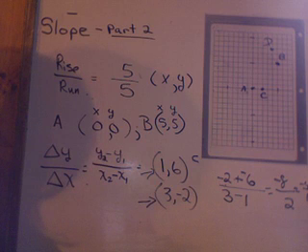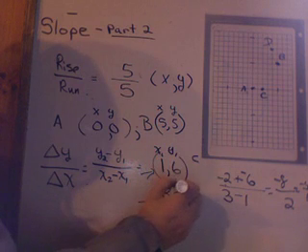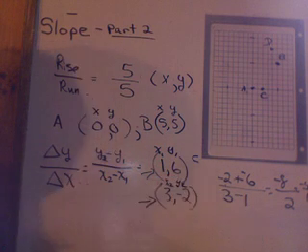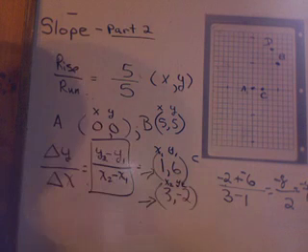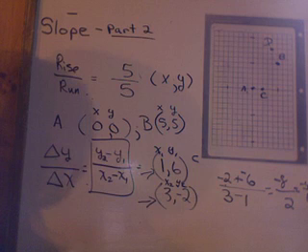Some people like to denote this x sub 1, y sub 1, x sub 2, y sub 2, and use that formula. It's easier to think of it as the change in y over the change in x, much easier to think about, and plug in the values, and you can get slope without plotting and without doing the counting.